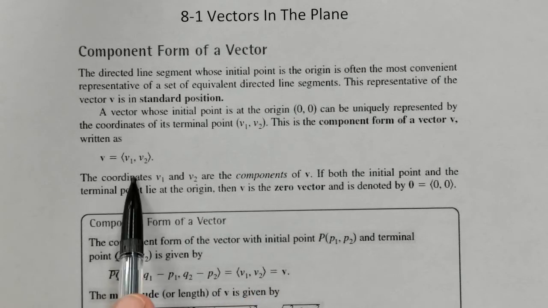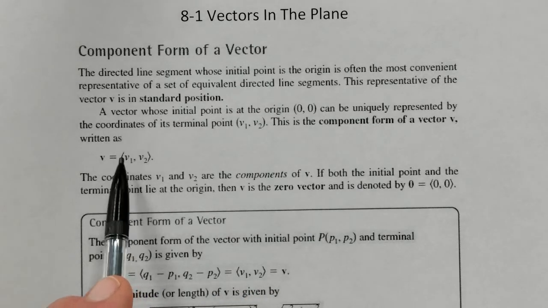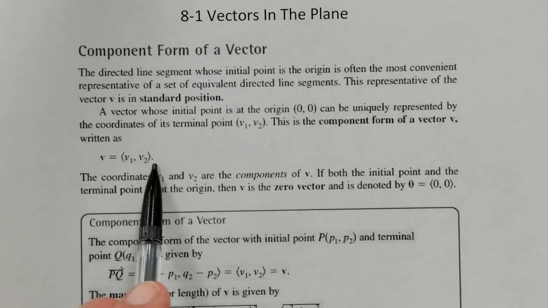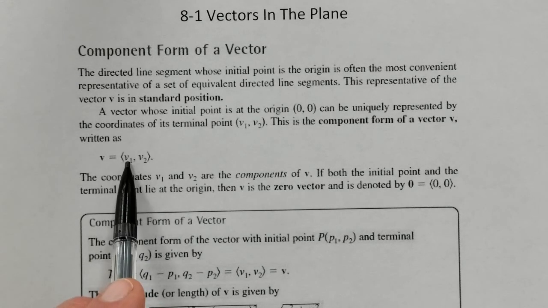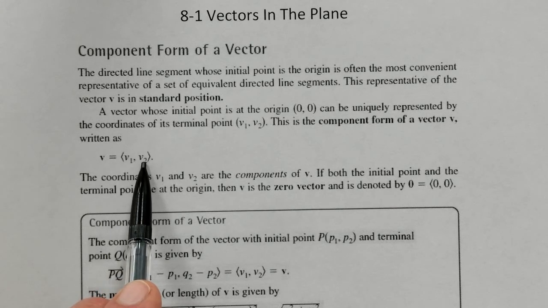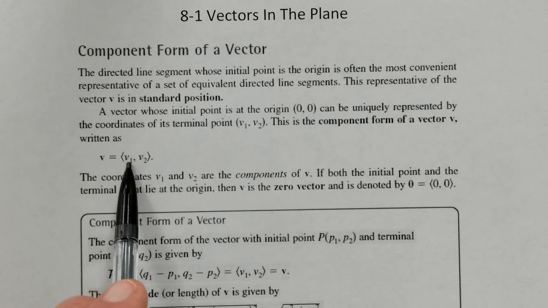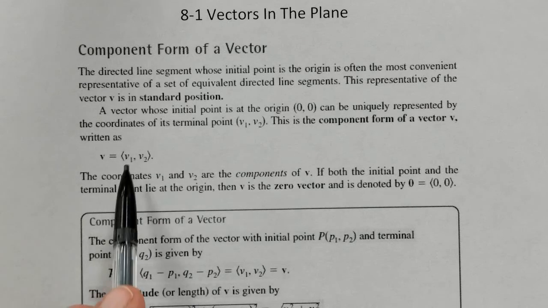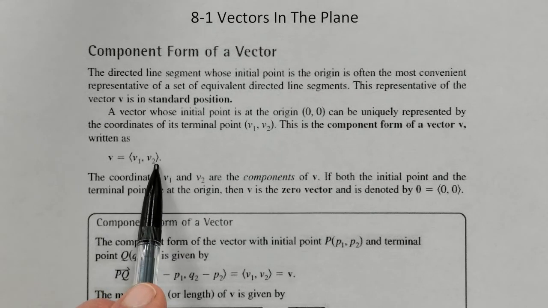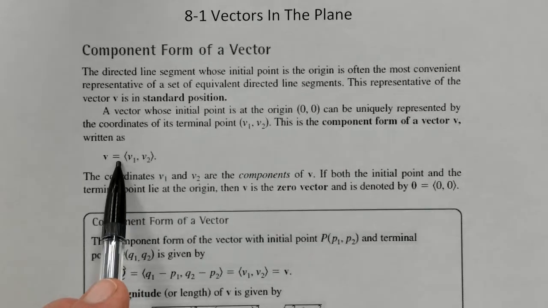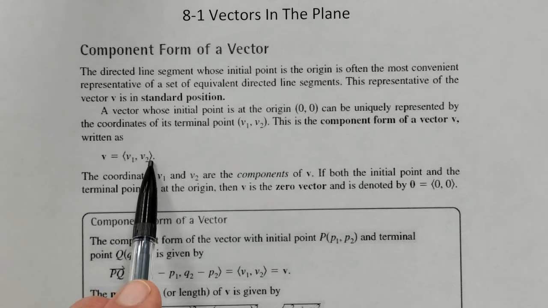And when you have a vector in component form, this gives you the direction. Because remember, a vector has direction and magnitude. This gives you the horizontal direction, and this one gives you the vertical direction because it's off of the x and the y coordinate. And we're talking about horizontal and vertical direction from the initial point, not the origin.